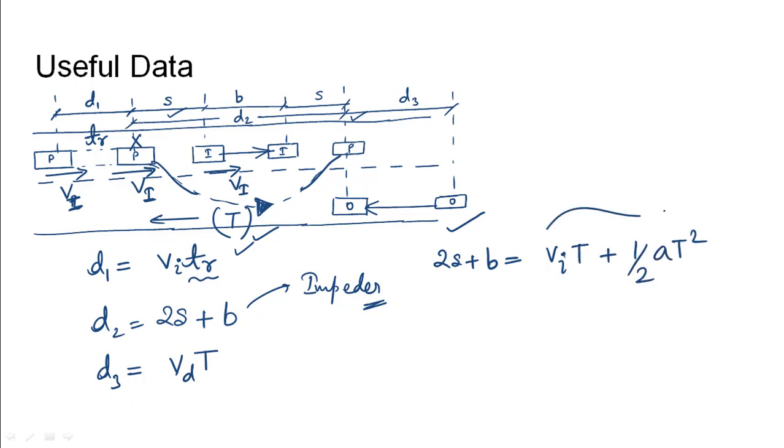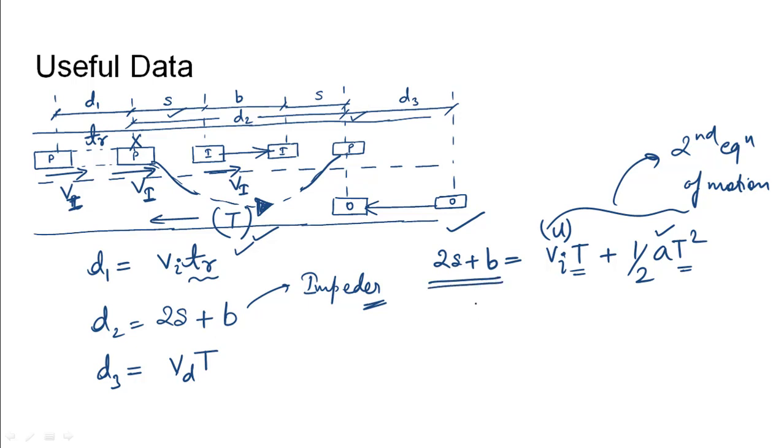This is the same as the second equation of motion, where a body starts moving with a certain speed of u and uses an acceleration rate of a for the time t and covers a certain distance. But here we can see that that distance is equal to 2s plus b.